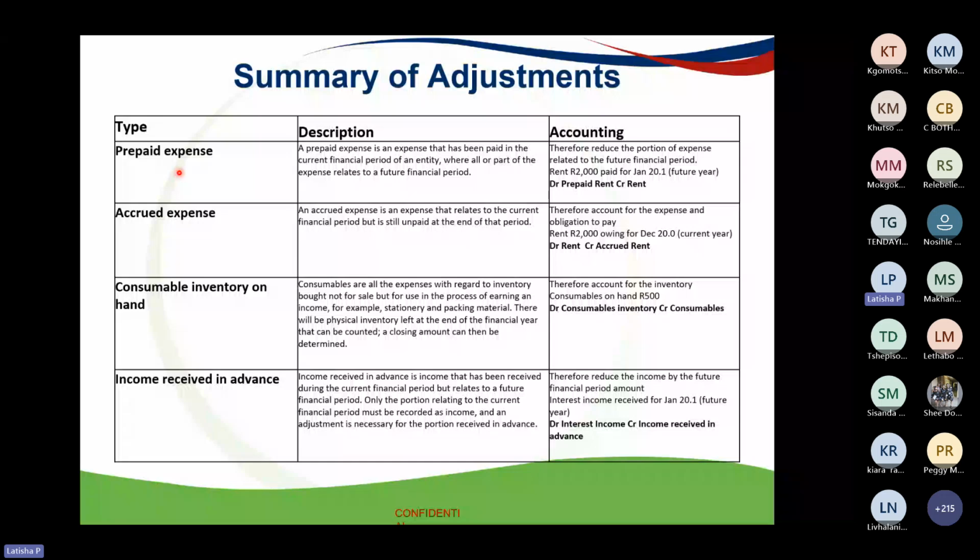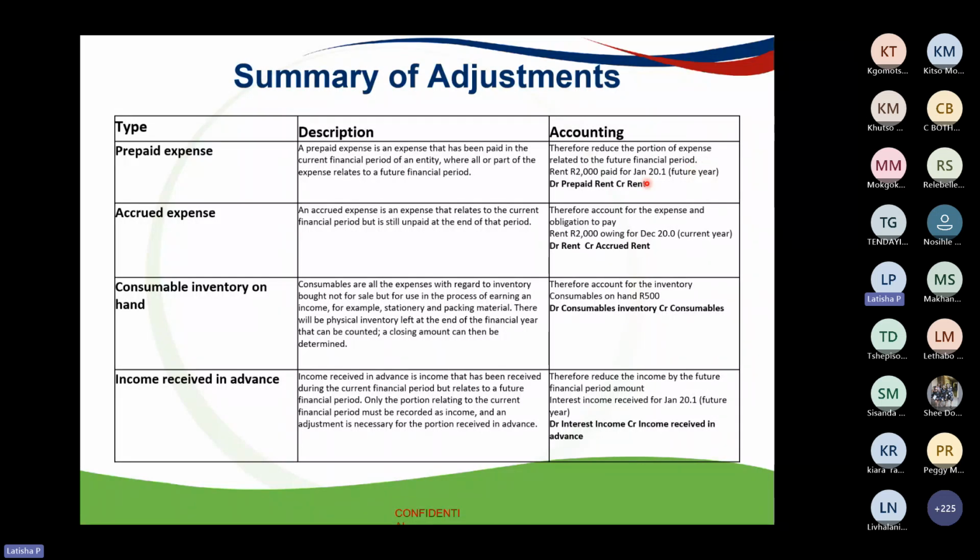So what a prepaid expense is, it's an expense that has been paid in the current financial year, and it relates to a future financial year. What that then means is when recording the information in your books, you should only be looking at the information for the current year. So the portion that relates to the future financial year needs to then be reduced.